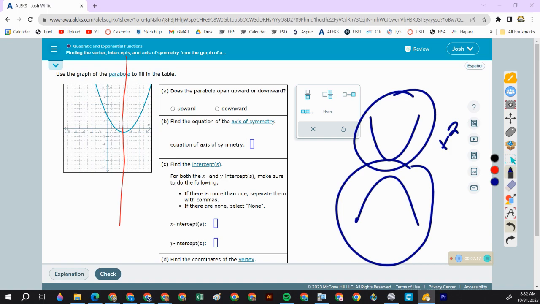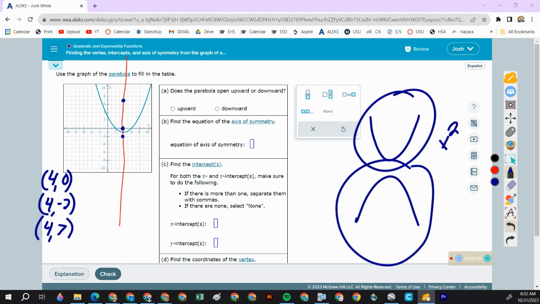Well, what are the points? So this point is (4, 0). This point is (4, -2). This point is (4, 7). So this line is every single point where x is equal to 4.